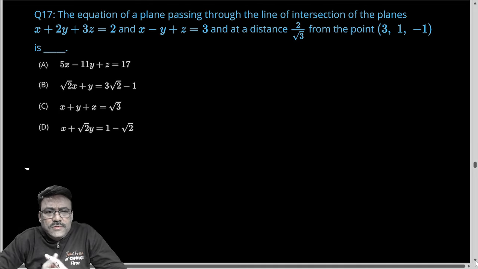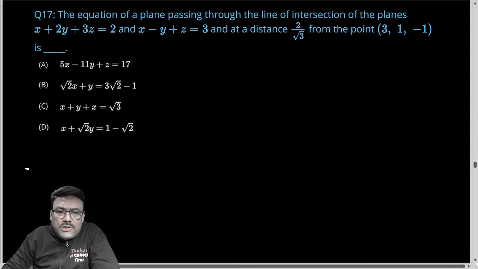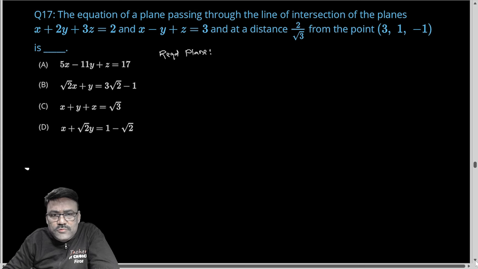Let's see this question. They are saying, what is the equation of the plane passing through the line of intersection of these two planes and at a distance of 2 by root 3 from the point 3, 1, minus 1? So your required plane is passing through the intersection of these two planes.